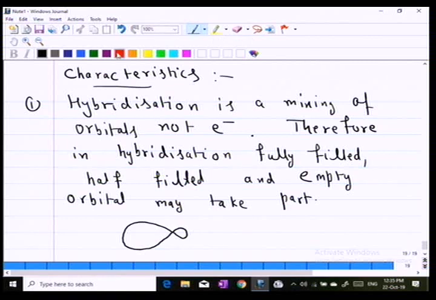The bigger lobe is generally considered as positive, whereas the smaller lobe is generally considered as negative. And this is the structure of the hybrid orbital, how it will look. Copy it.